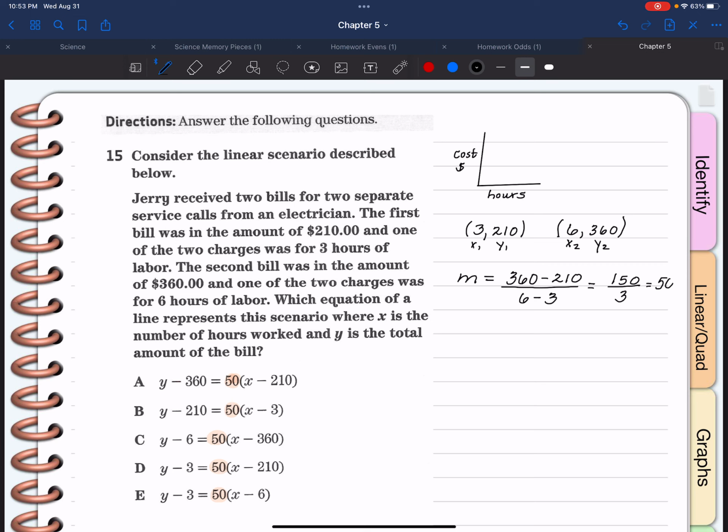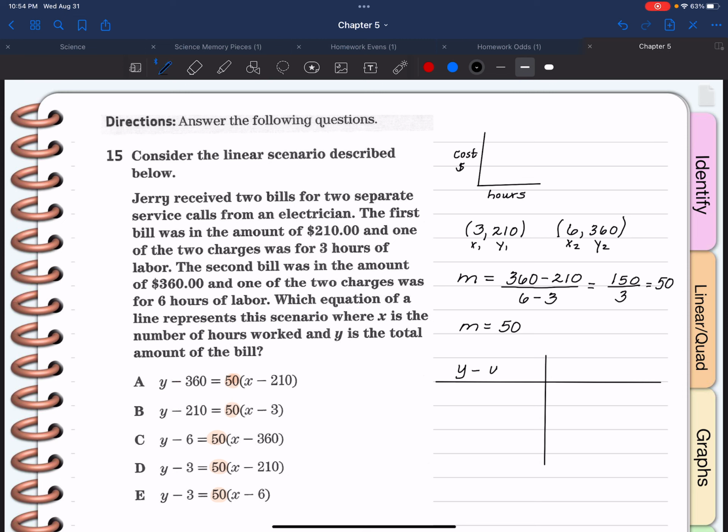Slope is 50. So this electrician is charging $50 per hour. We have slope, and all of these are in point slope form, so I'm not even going to bother with slope-intercept. Just go directly to point slope.